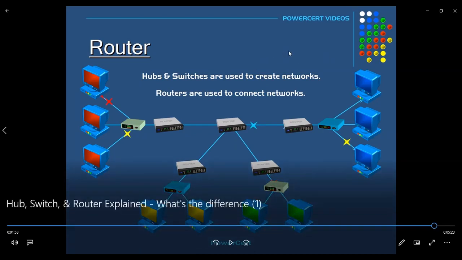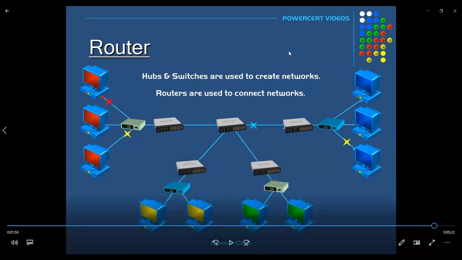A switch is capable of creating networks. We can connect devices to the switches, share resources, and do communication between different nodes.